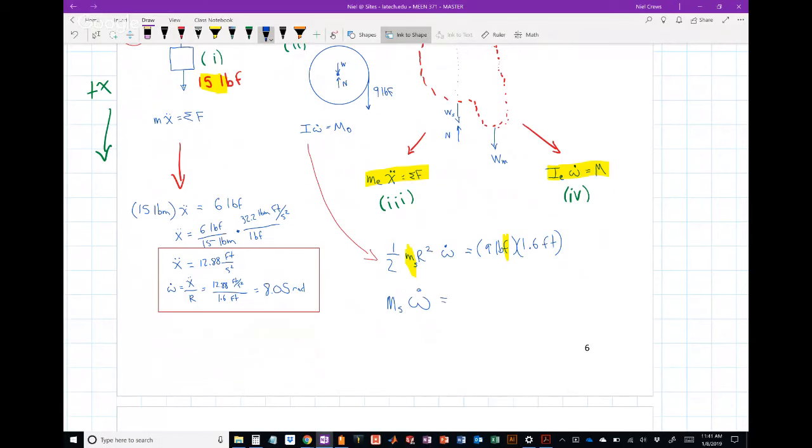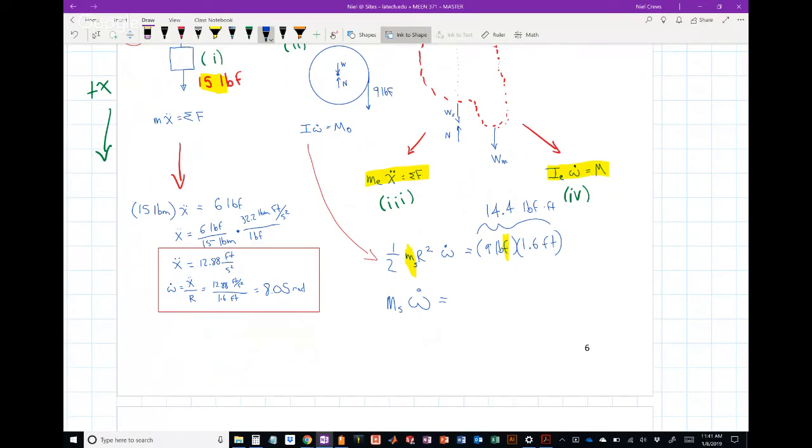So if we just want to solve for this mass times the angular acceleration, this is the 14.4 pound force feet. We need to keep an eye on that. So divide all this out.